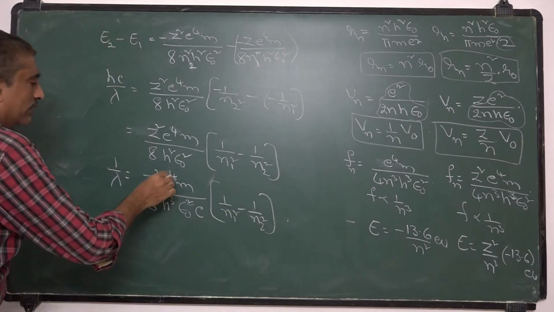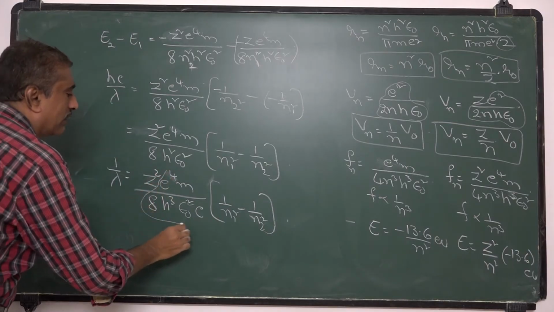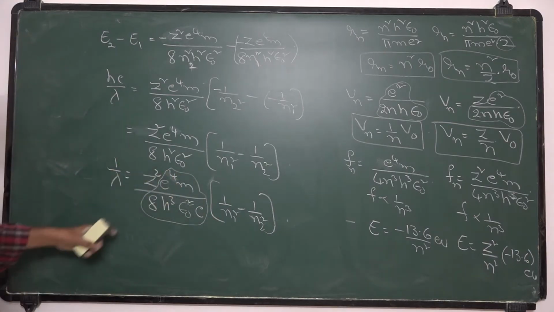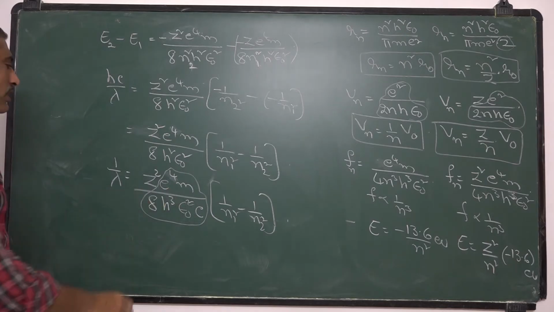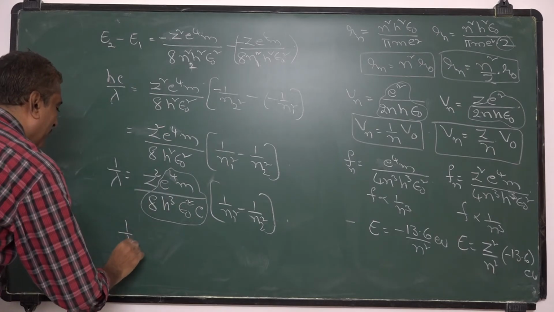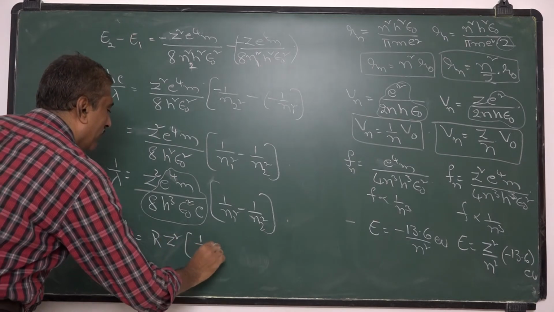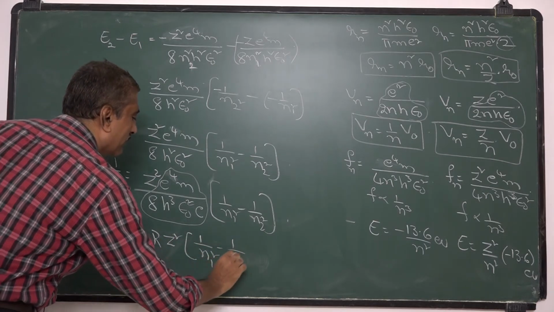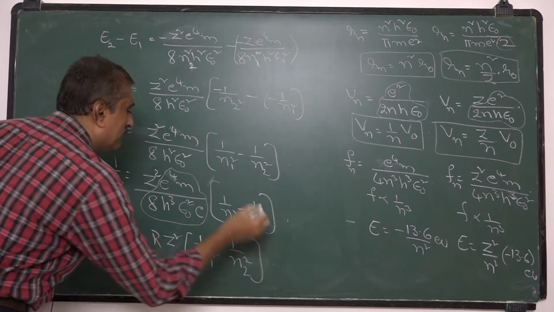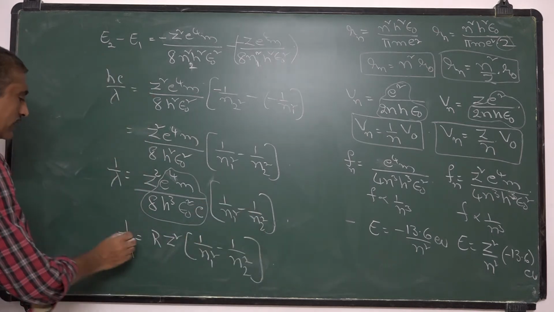All these terms together we write as the Rydberg constant R. So you can write 1 by lambda is equal to R Z square into 1 by n1 square minus 1 by n2 square. So this is another equation.